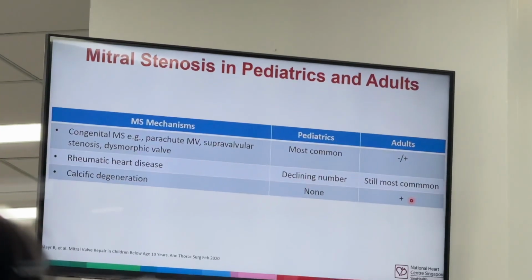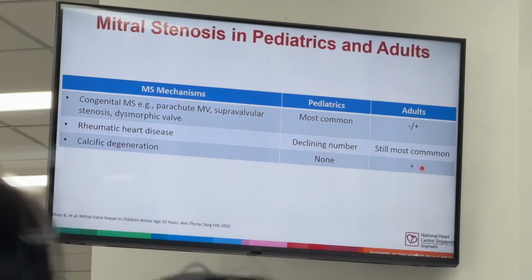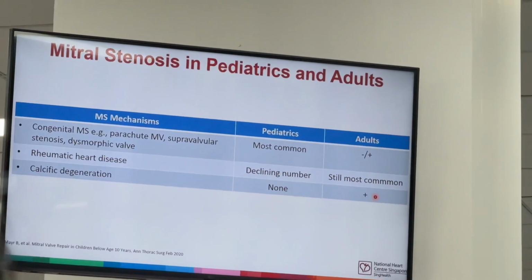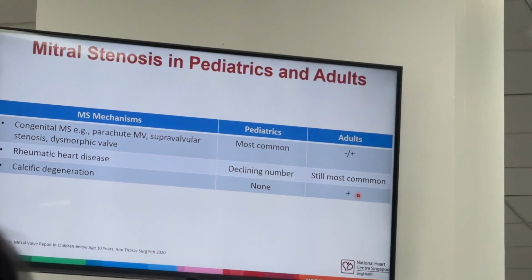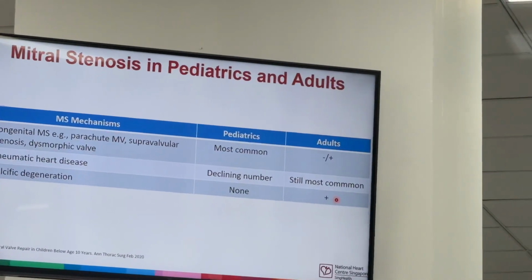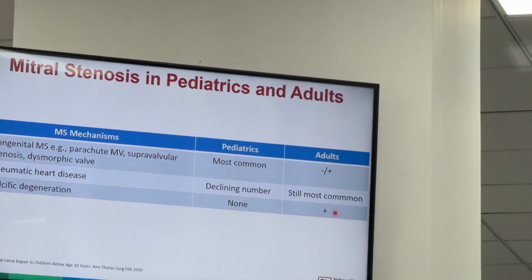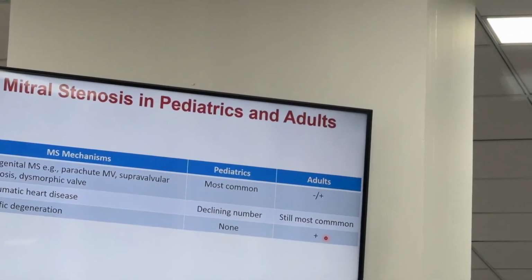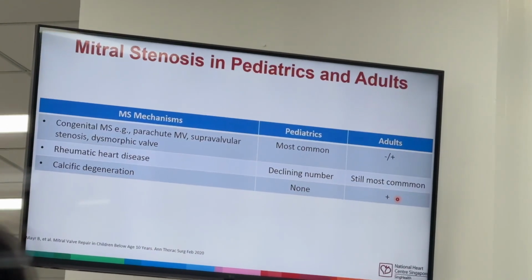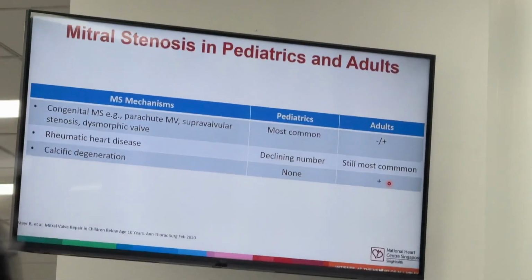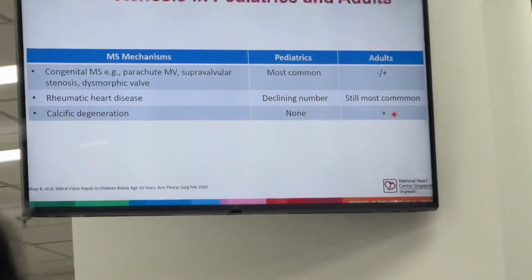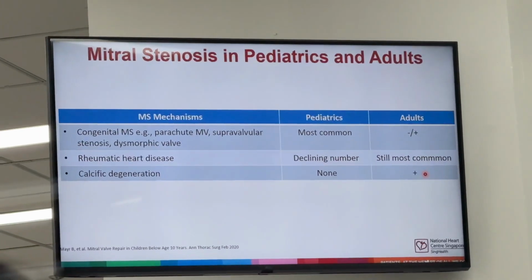Okay, so let's move on very briefly to mitral stenosis. In the pediatric population, mitral stenosis is not uncommon and mostly due to congenital abnormalities, parachute mitral valve, for example, or supravalvular stenosis, dysmorphic valve, and these typically coexist or are associated with other anatomical abnormalities of the heart.